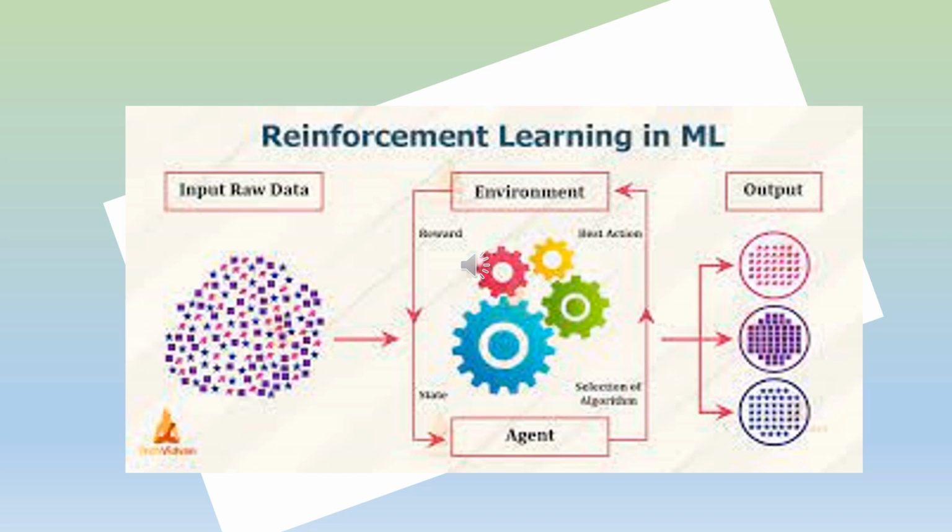As I already told you, it is a technique where we perform an action and see the result of the action. If the action is good, we get positive feedback. If the action is bad, we get negative feedback, or we give it a penalty.